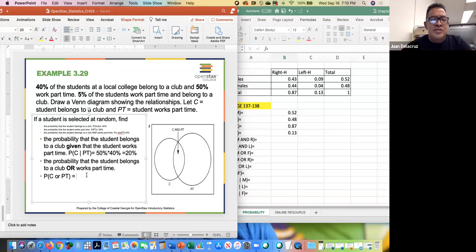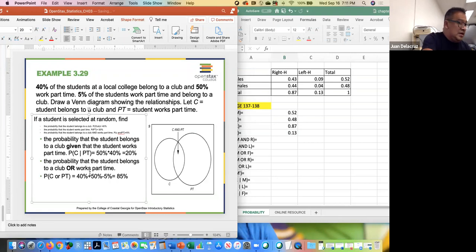Are these mutually exclusive or non-mutually exclusive events? Yes, thank you, Terry. That's exactly the answer. Non-mutually exclusive. So we are going to do 40% plus 50% minus the probability of A and B, which is 5%, right? So this is going to be 85%.